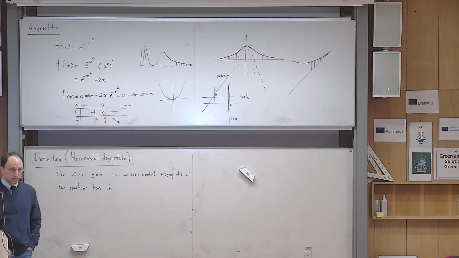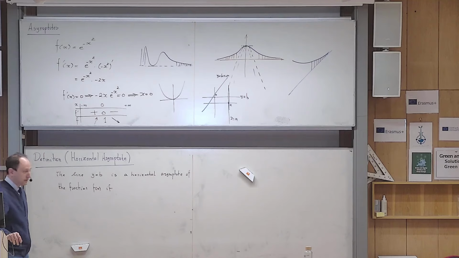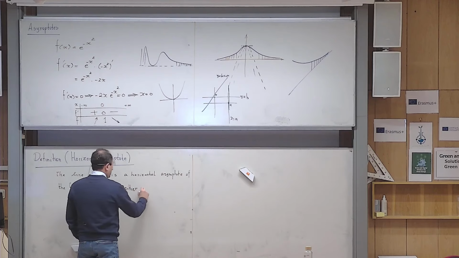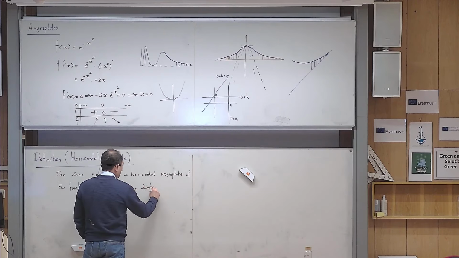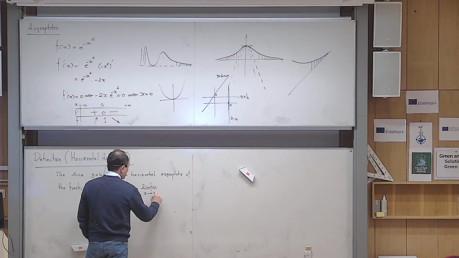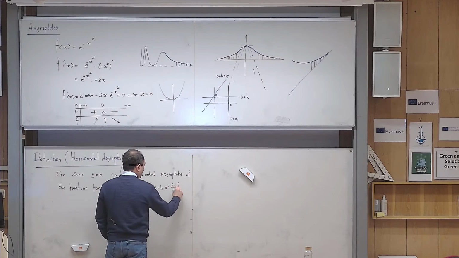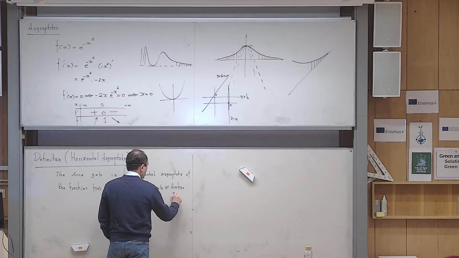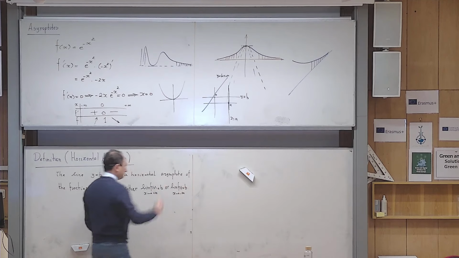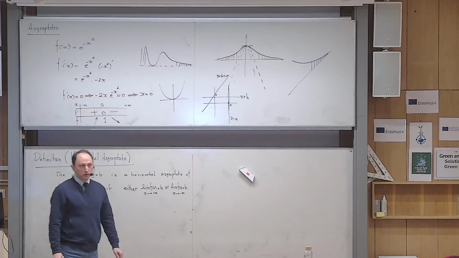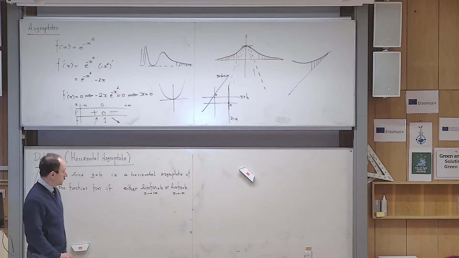If the limit of f of x is b when x goes to positive infinity or negative infinity or both? Yes. So if either the limit of f of x when x goes to plus infinity is b, or the limit of f of x when x goes to minus infinity is b. And in mathematics, when I say or, I always mean or both.